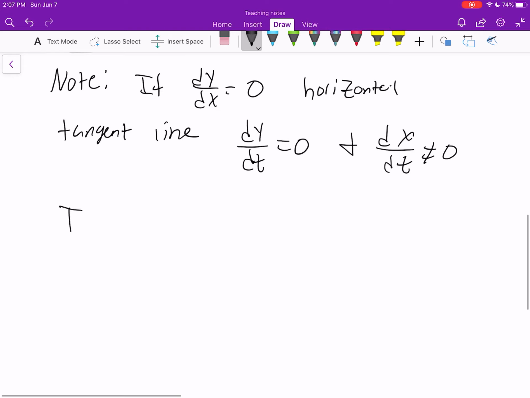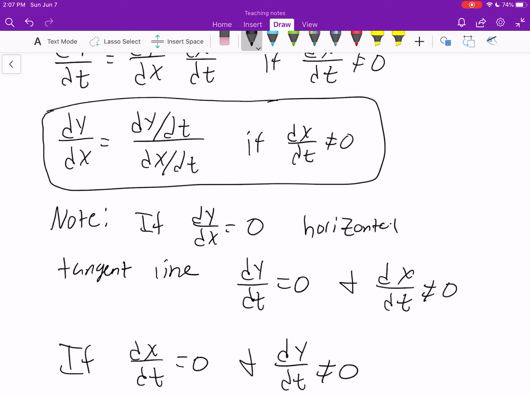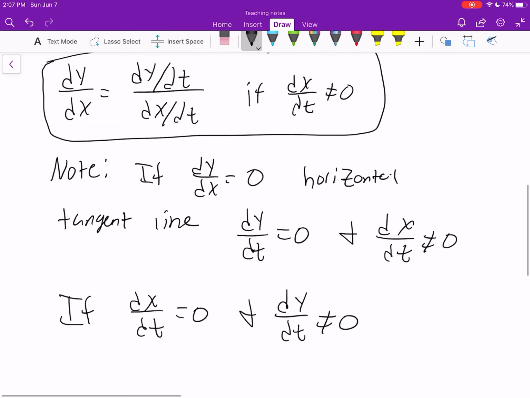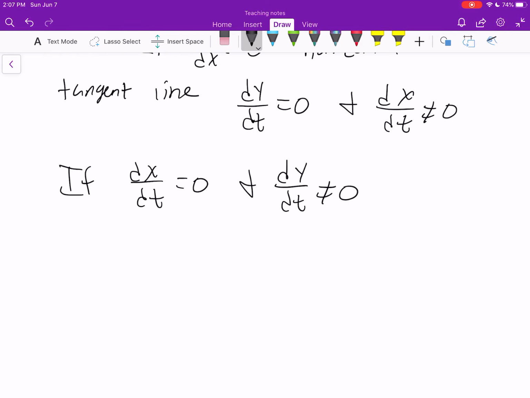So if dx/dt is equal to 0 and dy/dt is not 0, then you can look at this equation for dy/dx and say, okay, the tangent line is undefined there. This is a vertical tangent line. We have a vertical tangent. And we're going to be using that. We have two examples for this section.